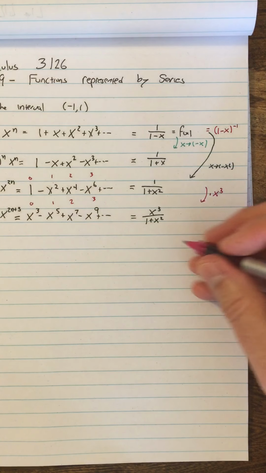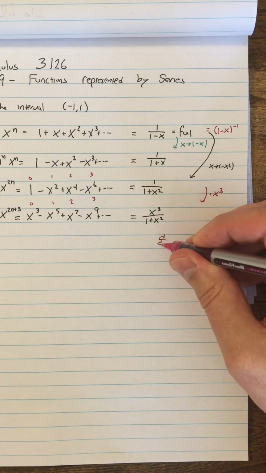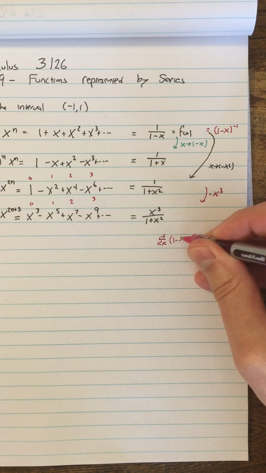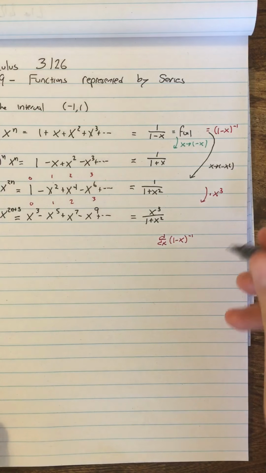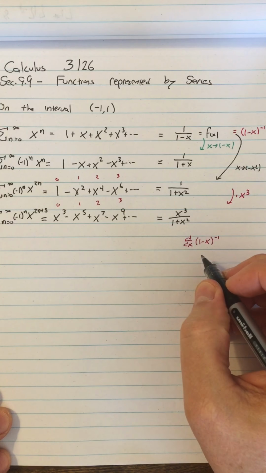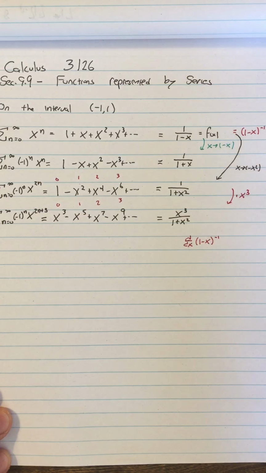So let's do the derivative of 1 minus x to the negative 1. Well, using chain rule, that's going to be negative 1 minus x to the negative 2. All right, so that's power rule.